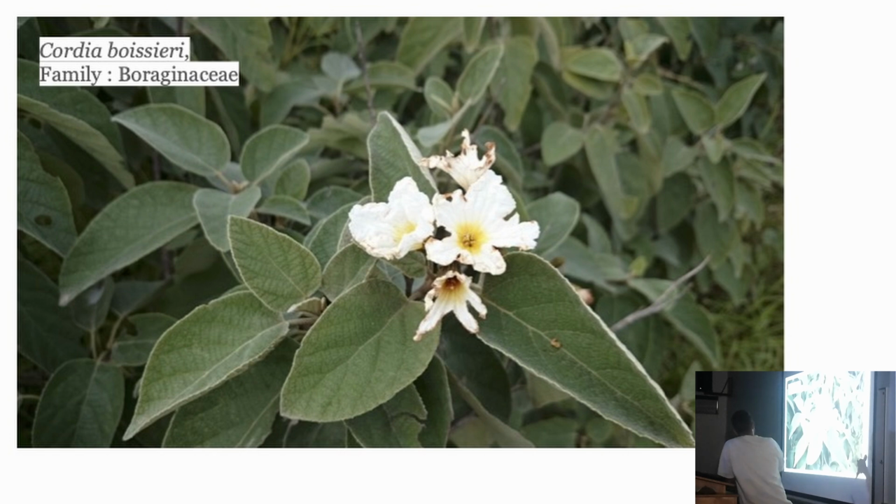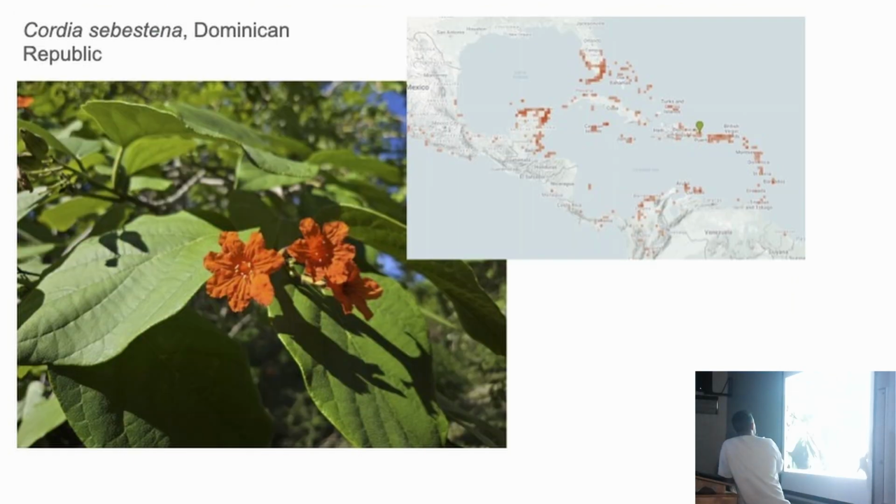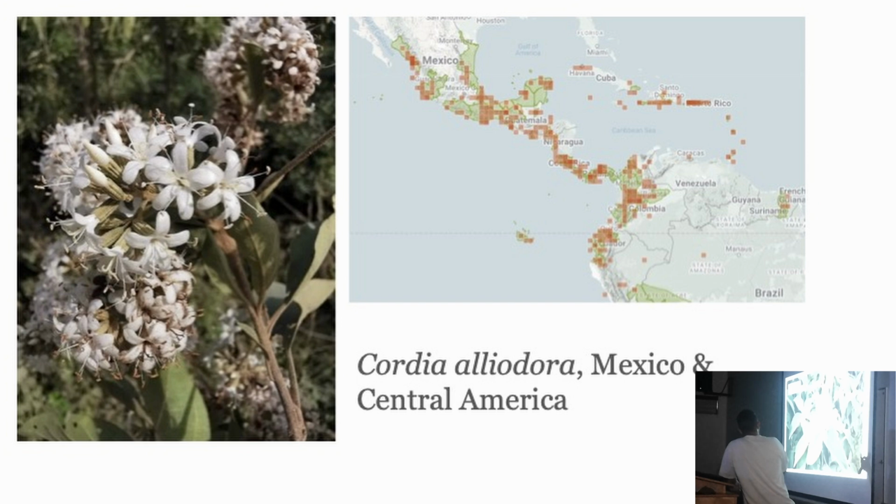Cordia boissieri, Texas olive. See, I know a couple common names. Right, wonderful plant, one of the few natives that's actually popular in mainstream horticulture down here, thank God. But there's quite a few species of Cordia. Here's Cordia sebestena from Dominican Republic, also got that Caribbean biogeographical pattern. Boraginaceae is the family, and if you touch a Cordia leaf, it's got that kind of scabrous leaf, kind of feels like sandpaper.